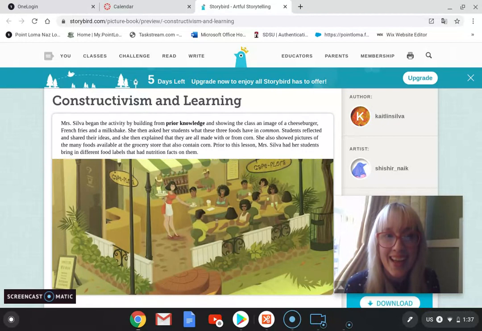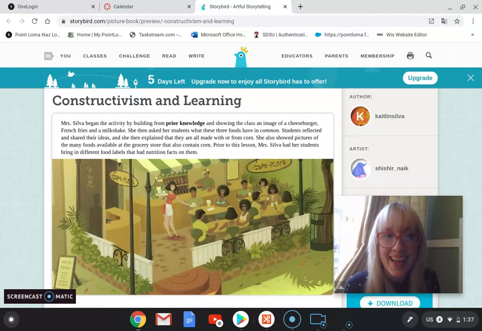To work on problem solving, she then handed out a list of corn-derived ingredients, posing the question, what kinds of food typically contain these ingredients derived from corn? So Mrs. Silva designated each table a research group and had them examine the food labels that they had brought in for these corn-based ingredients.